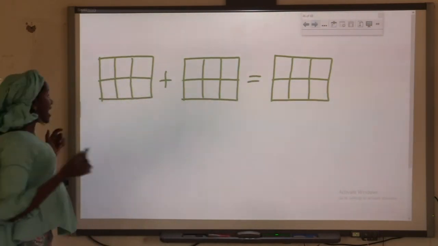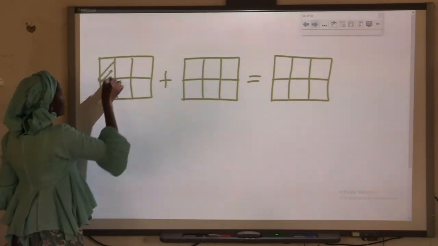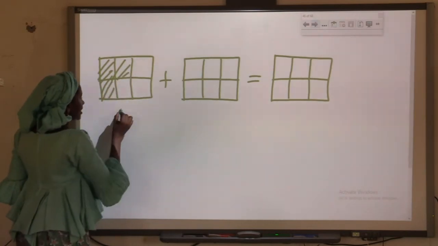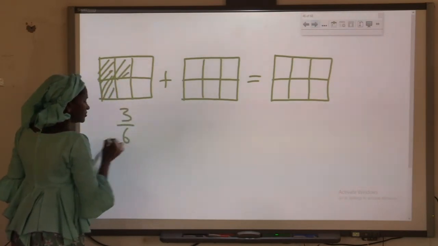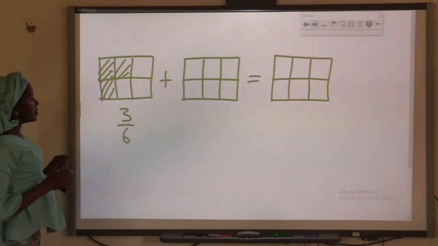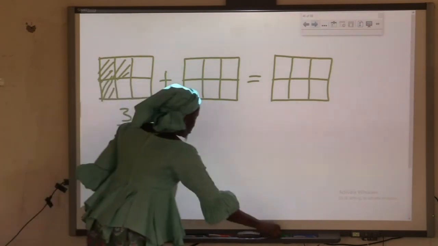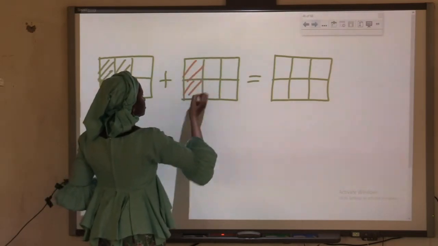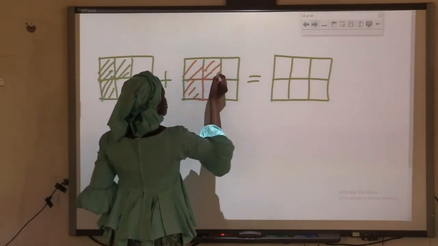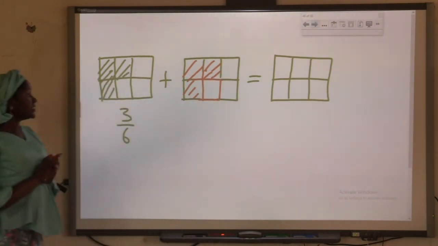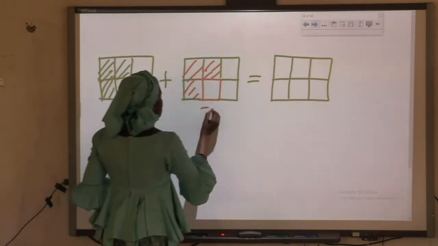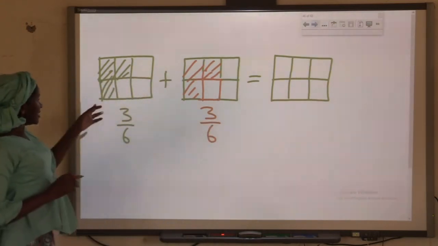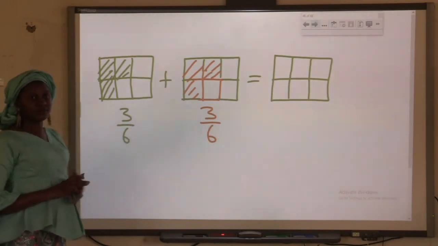So here if I have this is 3/6 plus, what is going to be my answer? 3/6 plus 3/6.